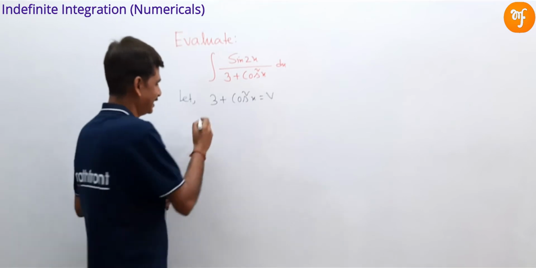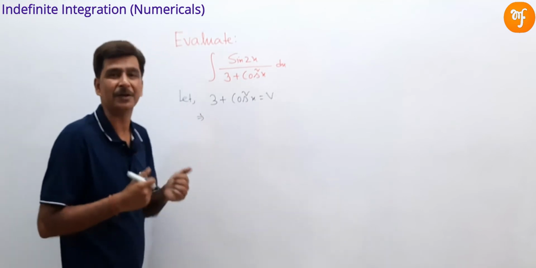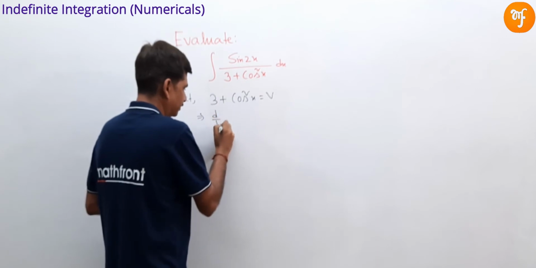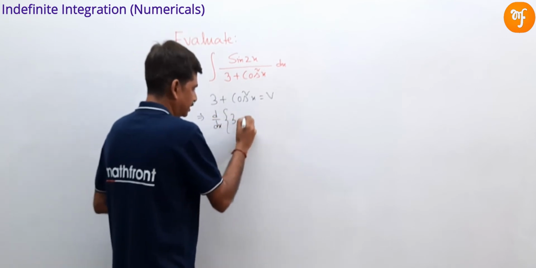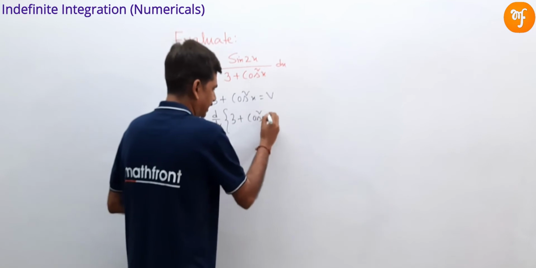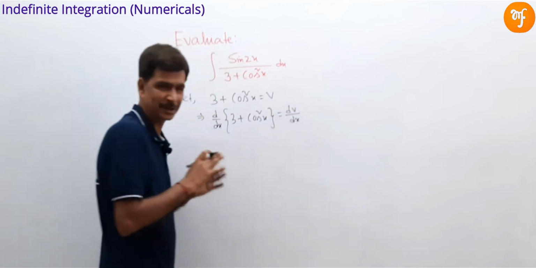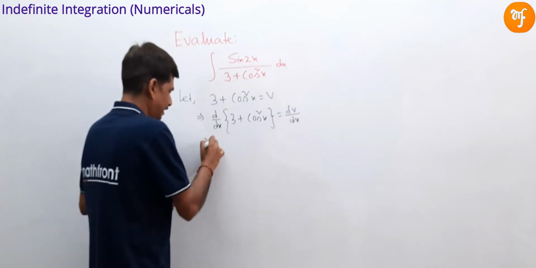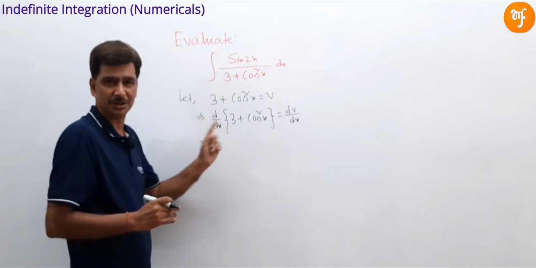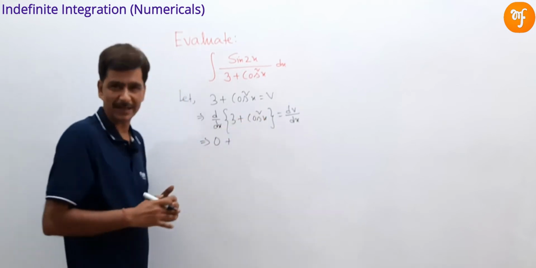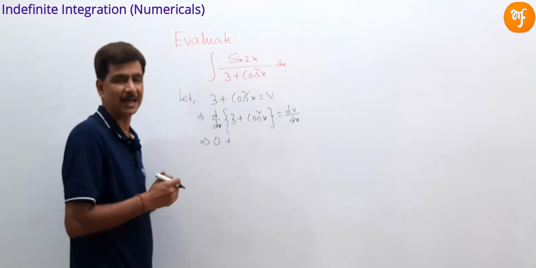Okay, now differentiating both sides with respect to x, what we will get? d/dx of 3 plus cos square x is equal to dv by dx. Okay, now obviously the d/dx of 3 is 0 and the d/dx of cos square x is minus of sin of 2x.